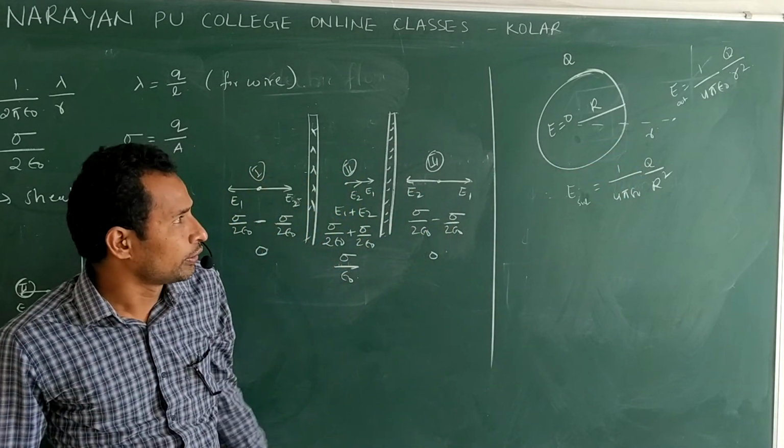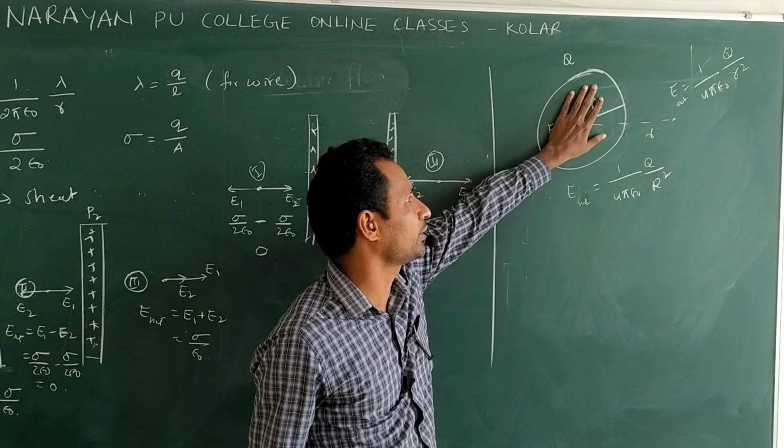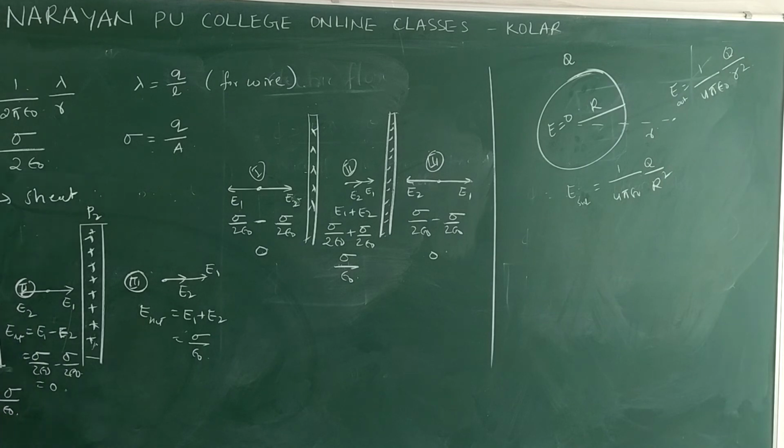Clear? Understand? So on the surface the electric field is maximum, inside the electric field is 0, and a graphical representation of how the electric field varies is given. Please check it in the synopsis book. Clear? Now, how do we develop the potential equations for all this? We will see in the next chapter. Clear.